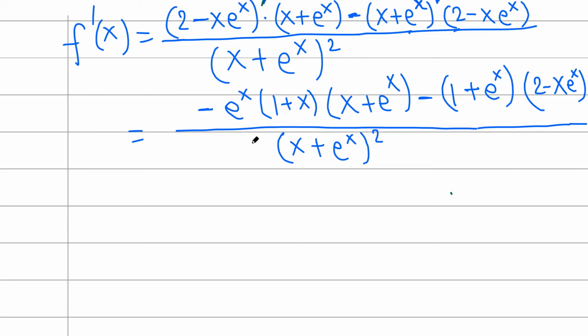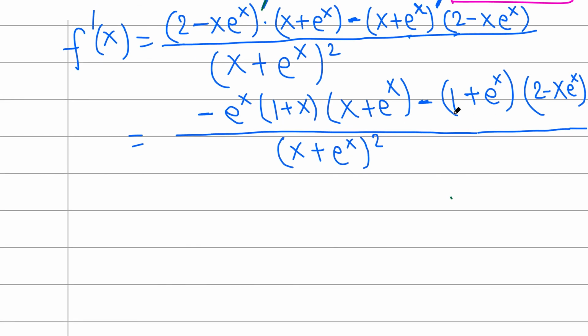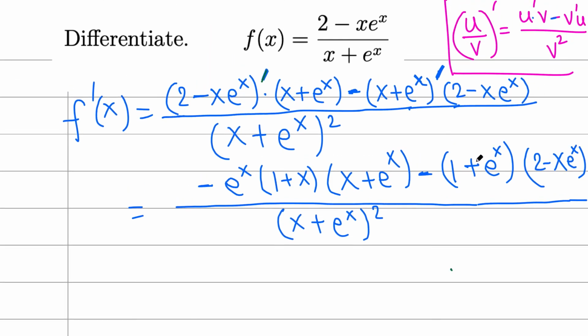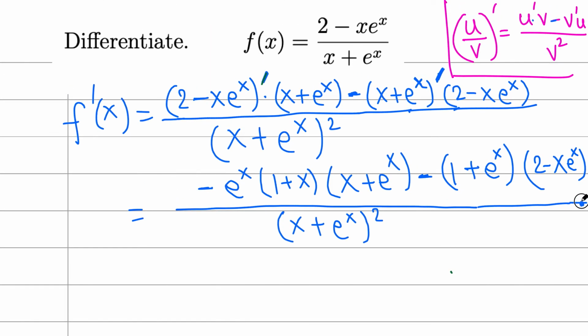I can see here e to the x times (1 plus x), (x plus e to the x) do not cancel with this because there is a negative sign. Here (1 plus e to the x) is a block, (2 minus x e to the x) is a block. I mean, there is nothing we can do. We can multiply, but that becomes even bigger. So this is it, final.